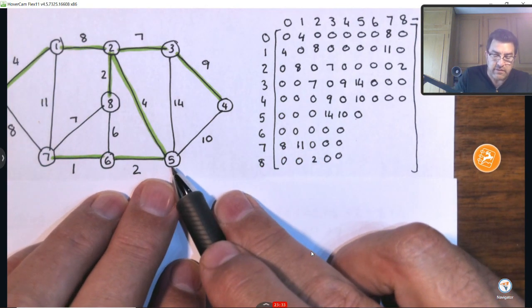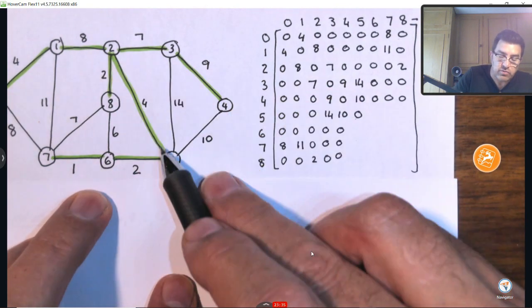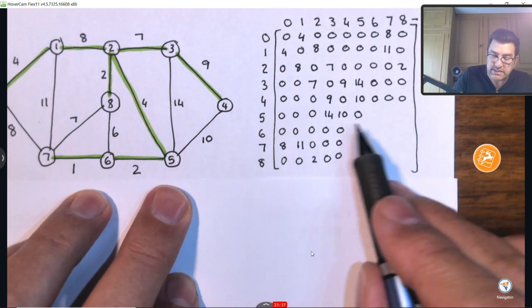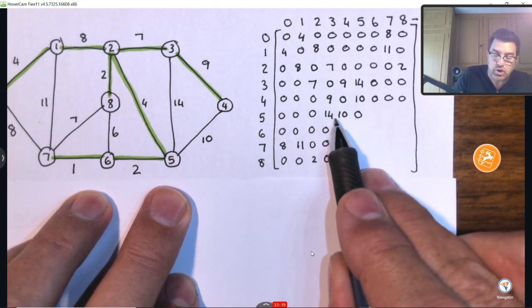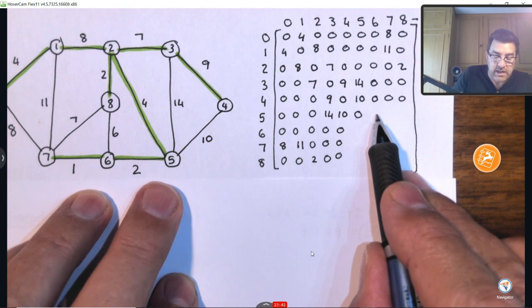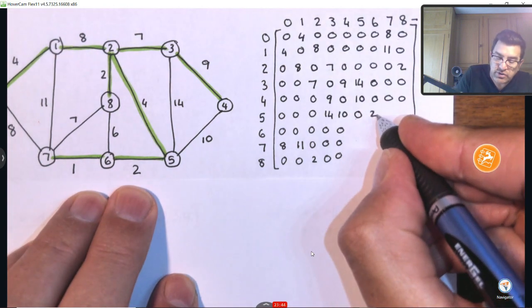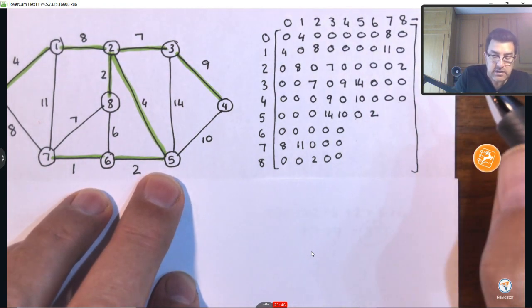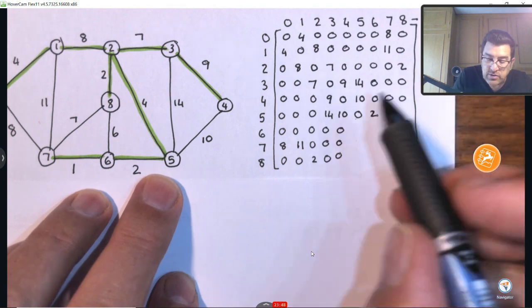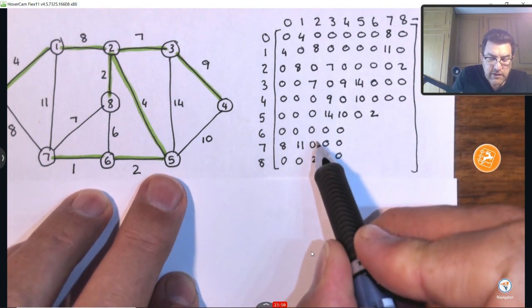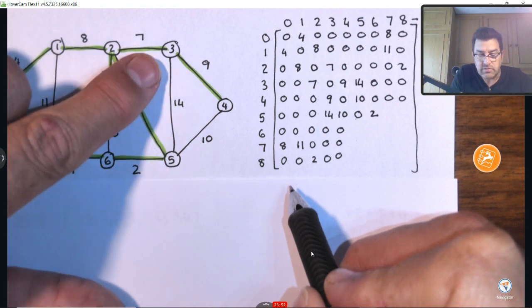Then we go to 5. Now 5 connects to 4 vertices, of which we've already got 2 in. So 5 connects to 6 with a weight of 2. 5 connects to where? To 2 we've already got. 5 is connecting to 3.